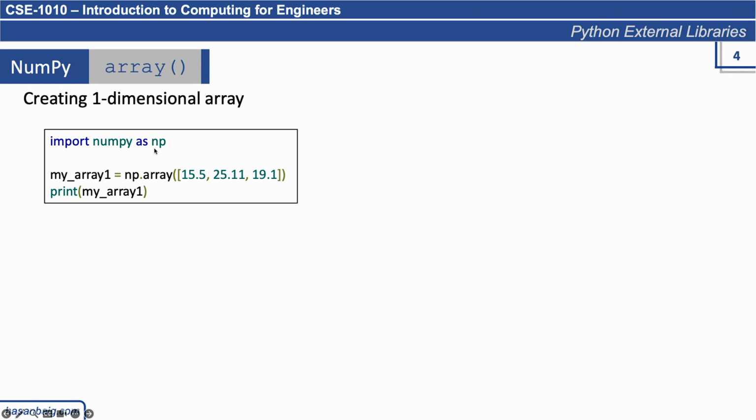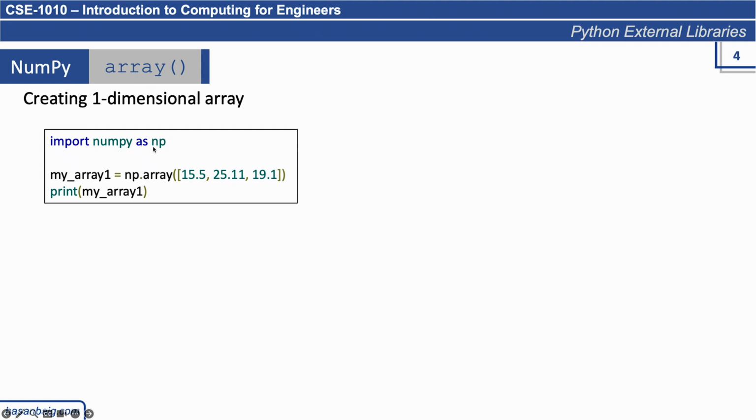But we are seeing it for the first time that we can give it a name such as np. We can give it a name like CSE or whatever. Once we name it, we do not need to call the imported package by its original name. So here we are importing NumPy and giving it the name np.